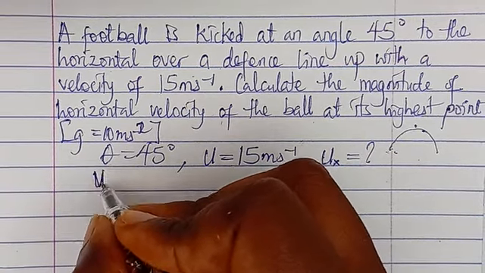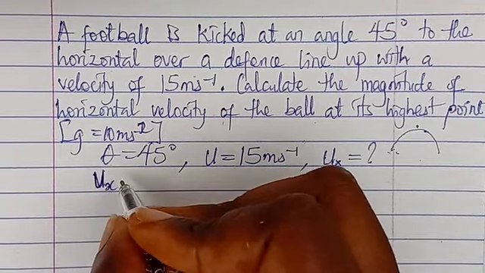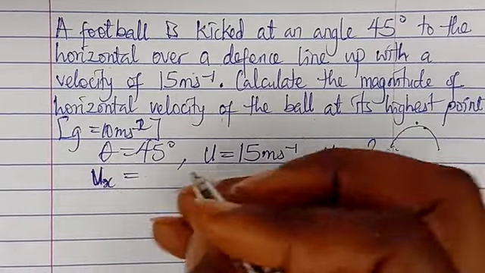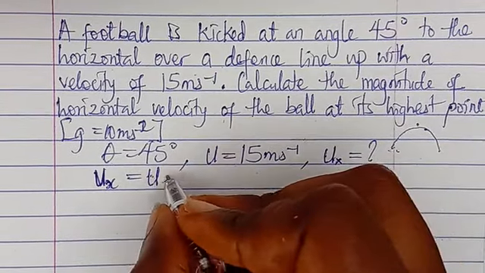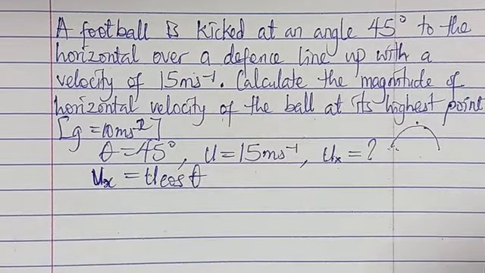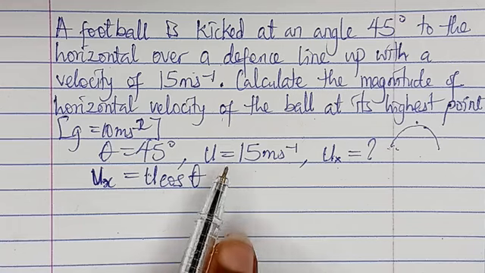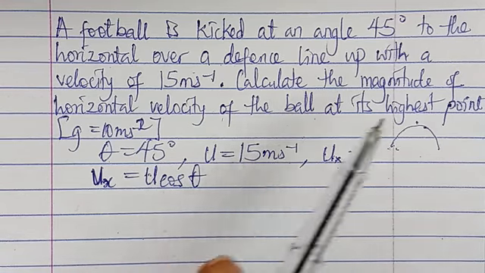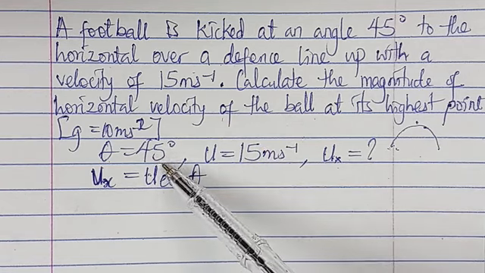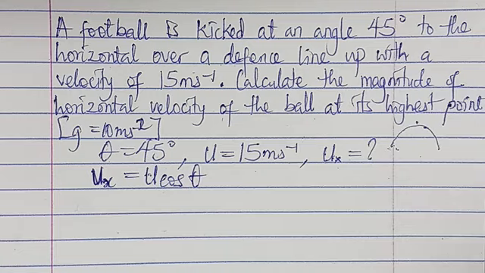Okay, but that aside, we know that the horizontal component of vectors like this velocity is equal to the vector times cos of the angle of inclination to the horizontal. So the vector now is the velocity of throw, the speed of throw, and this is the angle to the horizontal.